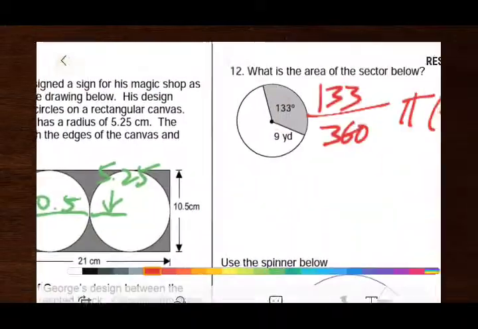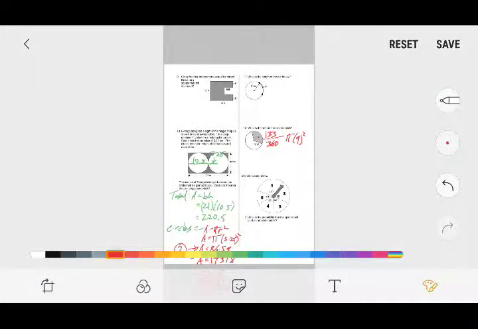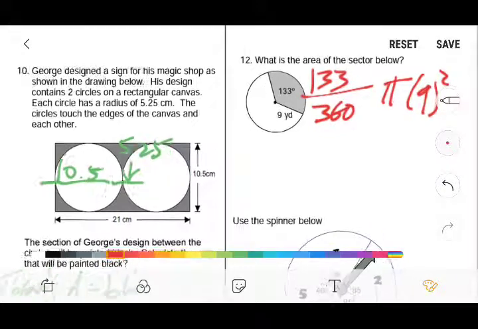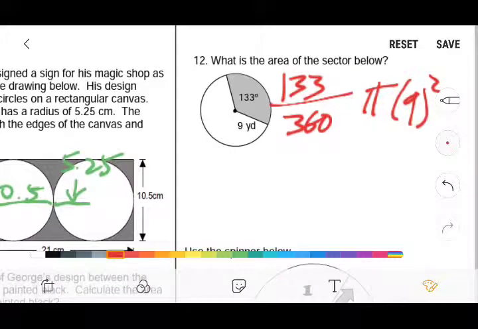Shoot. Oh, I missed one. I'll go back to it. You have 81. Oh yeah, okay. Answer here is 94.01.